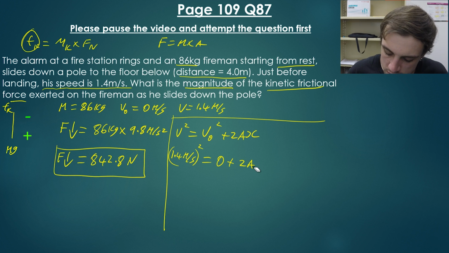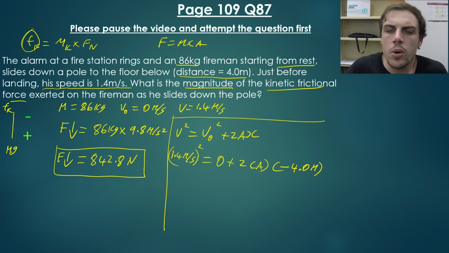So 2 times a, which is the acceleration, which we don't know, and the displacement. The displacement is going to be negative 4 meters.